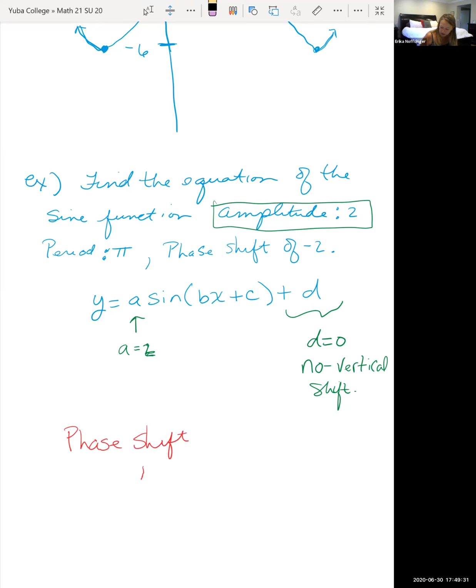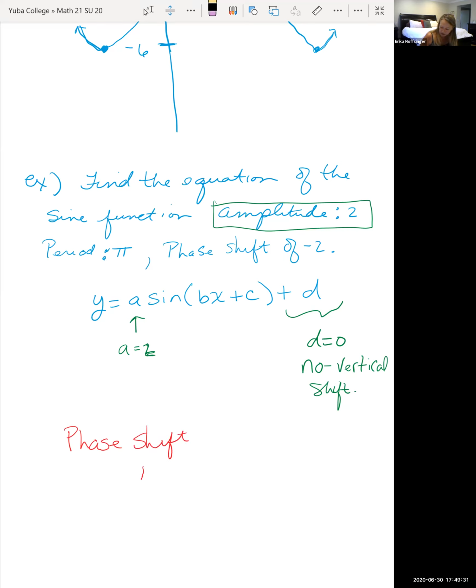My period, the formula is 2 pi divided by B, but we're given that this was equal to pi. So this is equal to pi.